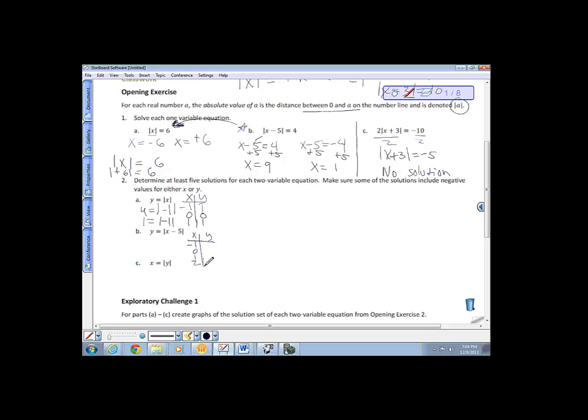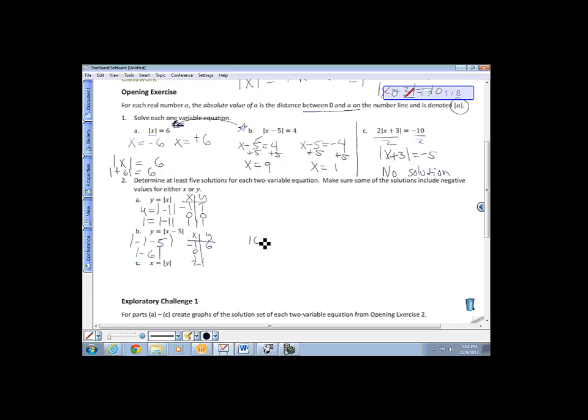Okay. So if we plug in -1, absolute value of -1 minus 5 is the absolute value of -6, which is 6. So -1 is going to give me an absolute value of 6. Then 0: 0 minus 5 is going to give me -5.